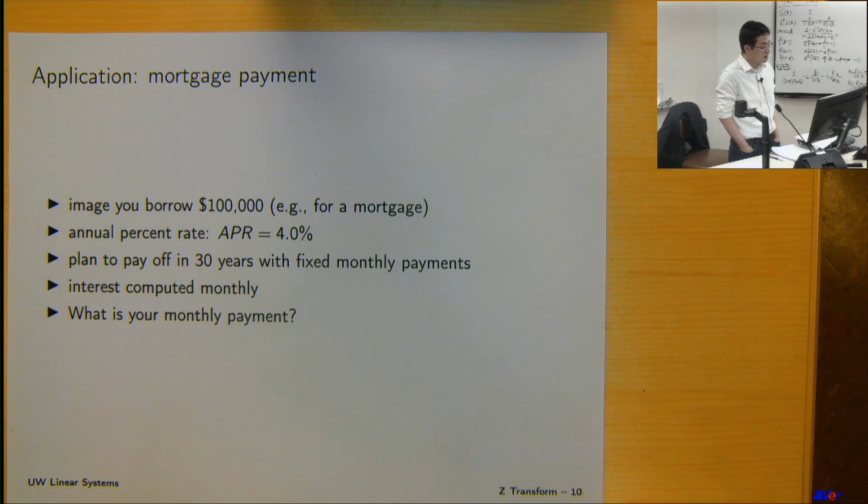The bank will give you an annual percentage rate, let's say 4%, and you want to pay in 30 years. You want to pay a fixed amount monthly just to make your life easier. The interest is computed monthly, and we want to know what our monthly payment is. Obviously, this is a discrete time mechanism. You pay month by month.